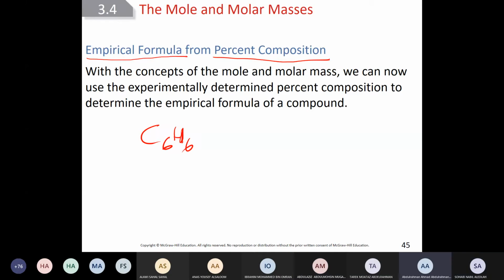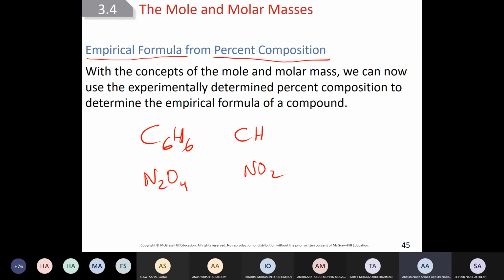CH. Exactly. What's the empirical formula for N2O4? NO2. So it's simply we divide it by, if there is a common factor between them, we take it away.